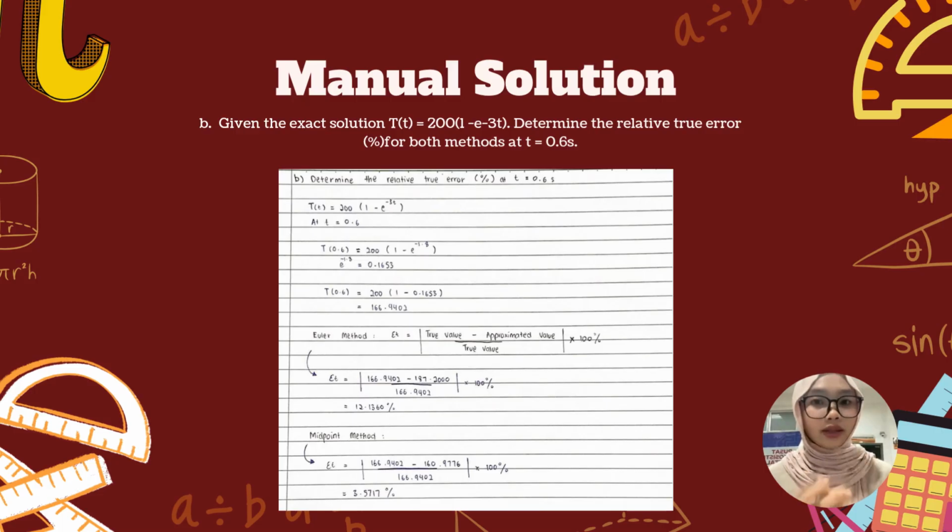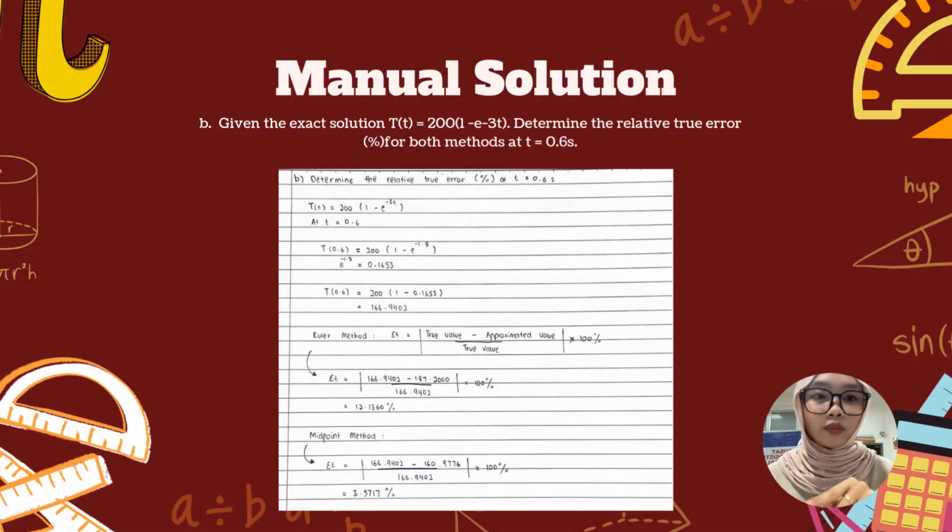For the Euler method error: 160.9402 minus 187.2000, over 160.9402, multiplied by 100. So the answer is 12.13%.